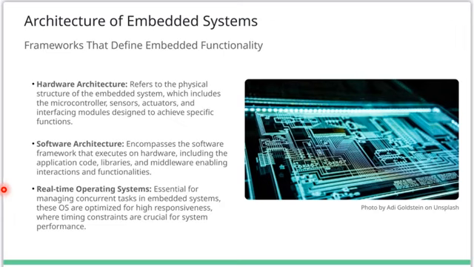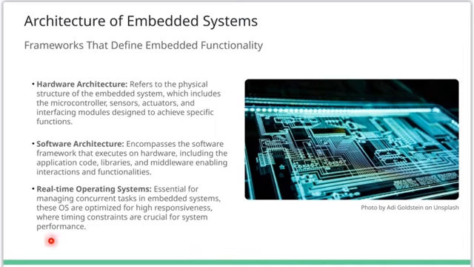Next is the introduction of the real-time operating system. Not all embedded systems are real-time, but some embedded systems are designed for real-time operation. In that case, we require a real-time operating system. It is essential for managing concurrent tasks, several tasks that have to be processed concurrently by the embedded system.